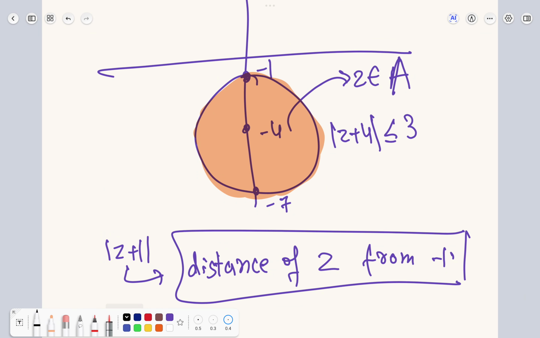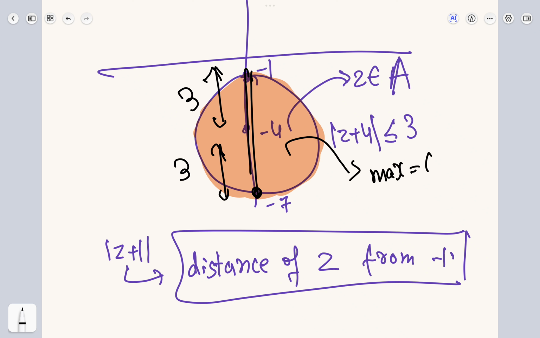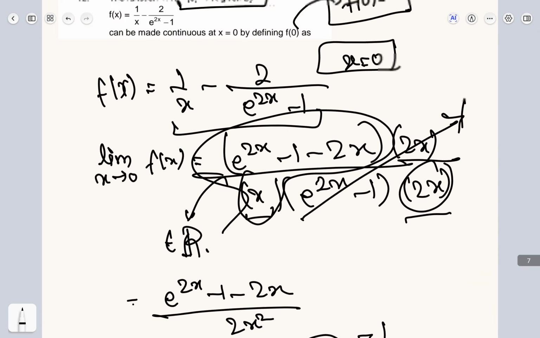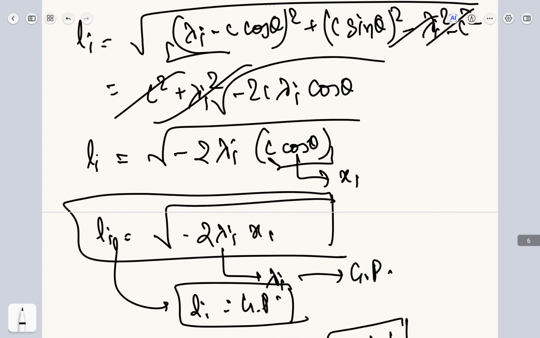So obviously, which point is farthest from here? This point, right? So this was a circle of radius 3 and this is 3. So the total distance max is equal to 6. That's it. So nothing else to do in this question. This is just 6.